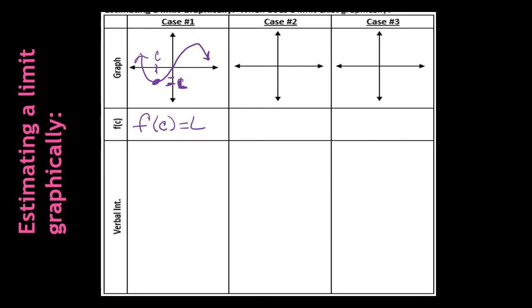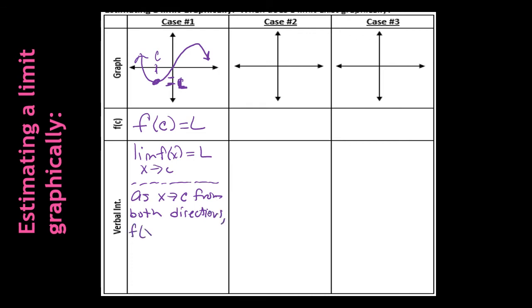So the limit of my function as x approaches c equals L. Verbally, what I'm really saying is that as x approaches c from both directions, f of x approaches L.